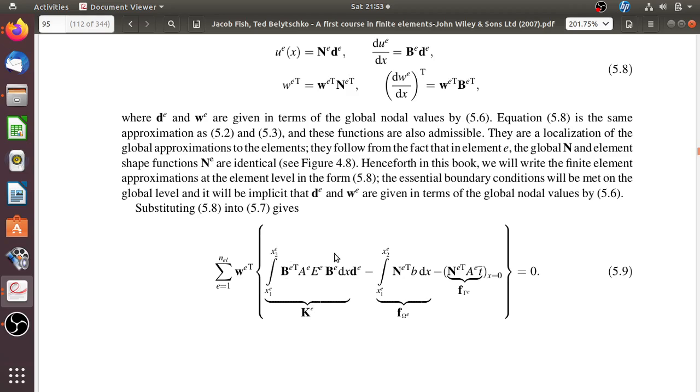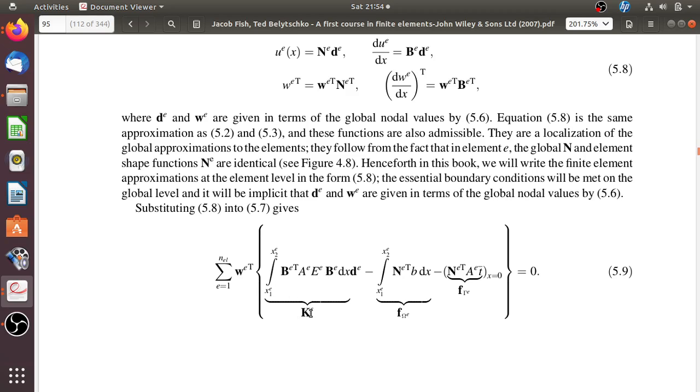Actually, this is not a scalar, this is a matrix, because A and E are just scalars, but B is a column vector, so B transpose becomes a row vector. A row vector times a column vector will give us a matrix.